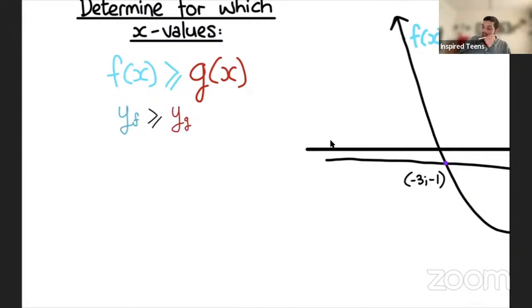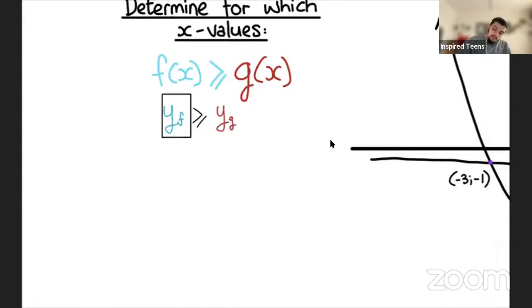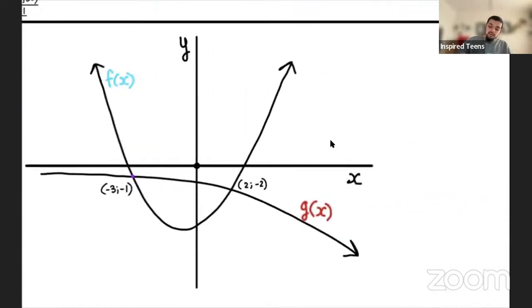Now, y is greater than y means that one y value is bigger than another y value. What does that mean practically on a Cartesian plane? If I have one y value here, it's bigger than a y value there. That always means that the first y value is above that other y value.